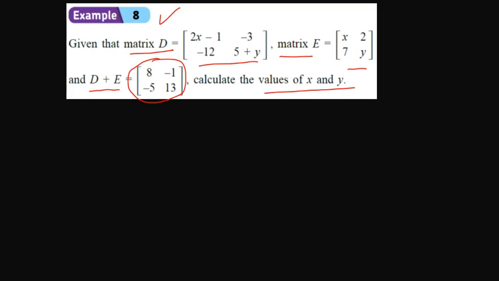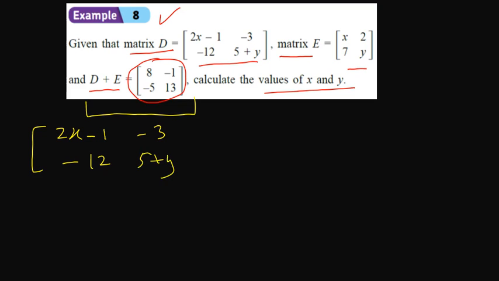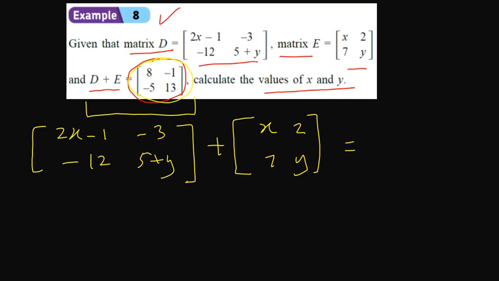We just follow the instruction here. D plus E. D is 2x minus 1, negative 3, negative 12, 5 plus y, plus your E is x, 2, 7, y, equal this one, right?